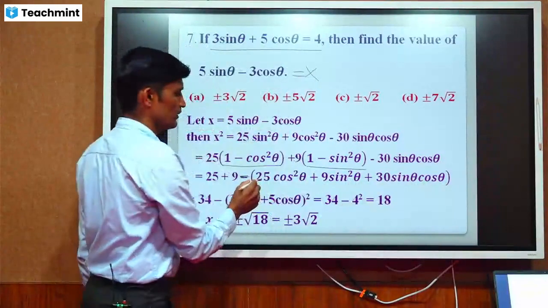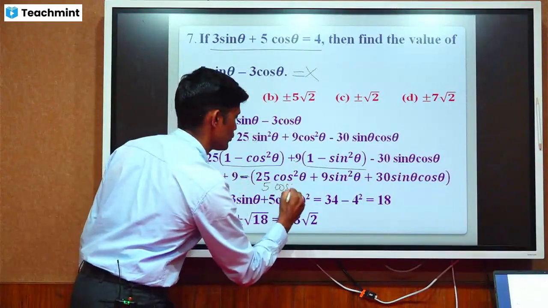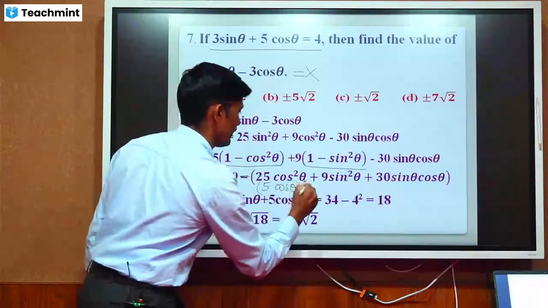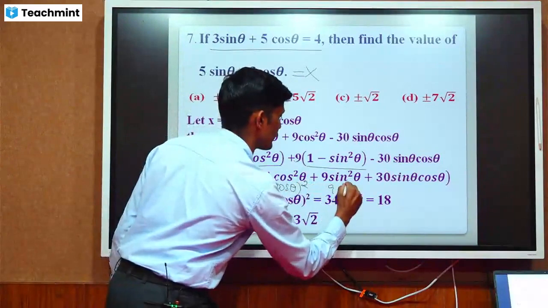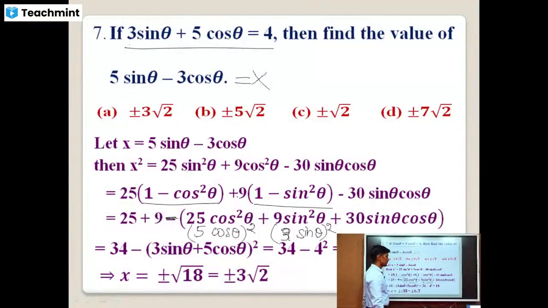Here this is 5 cos theta whole square, and this is 3 sin theta whole square, since 9 sin square theta is 3 sin theta whole square. Therefore, it becomes (5 cos theta plus 3 sin theta) whole square. So it is 25 plus 9, 34, minus (5 cos theta plus 3 sin theta) the whole square.